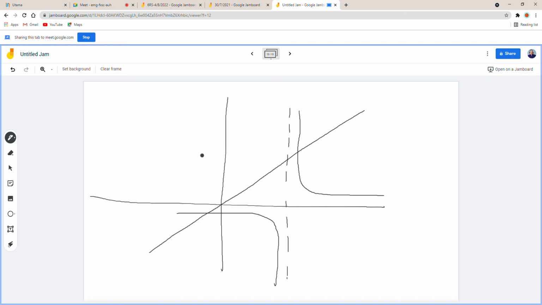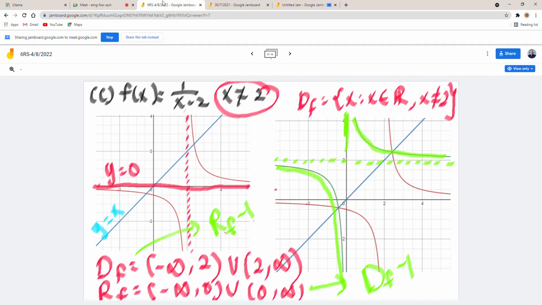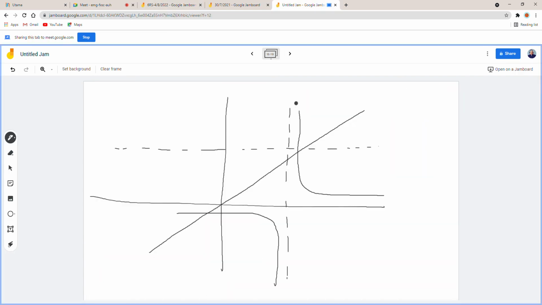So your new asymptote will be on the y-axis. You all get it? This one?